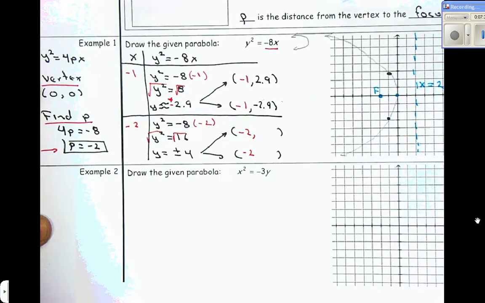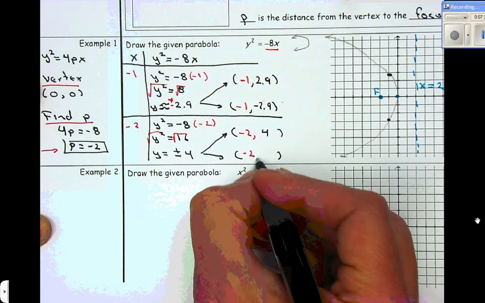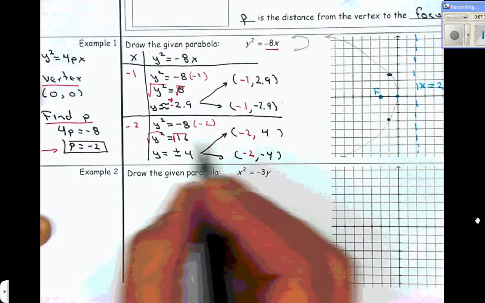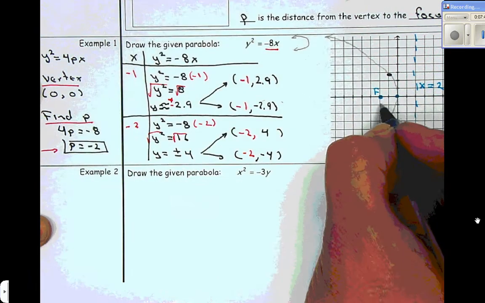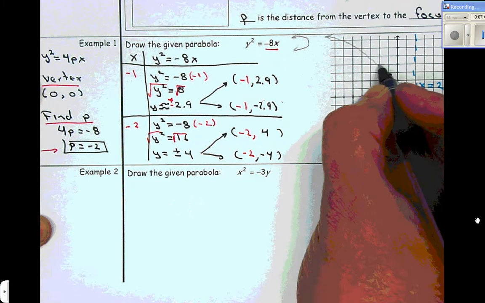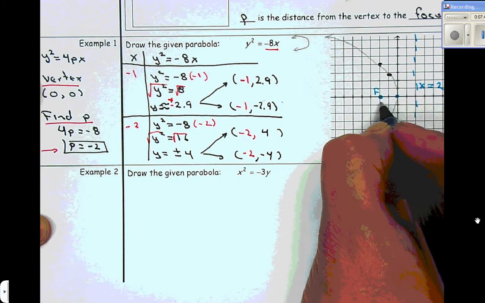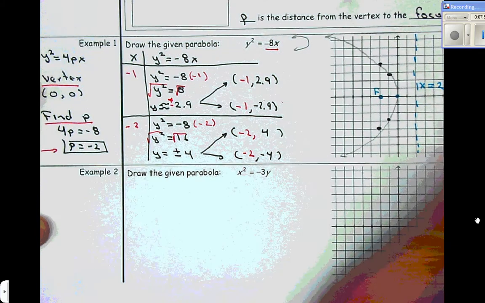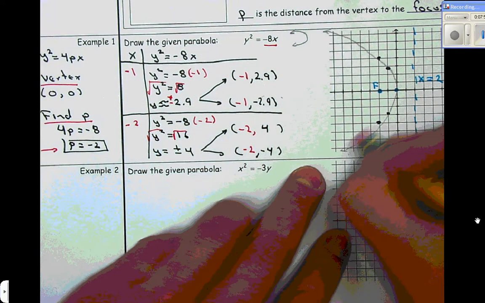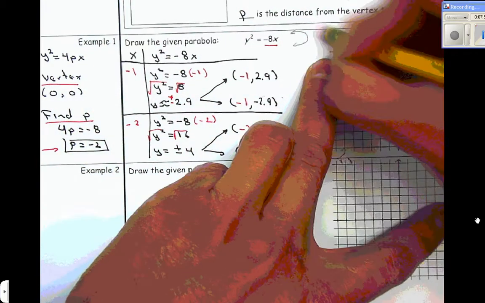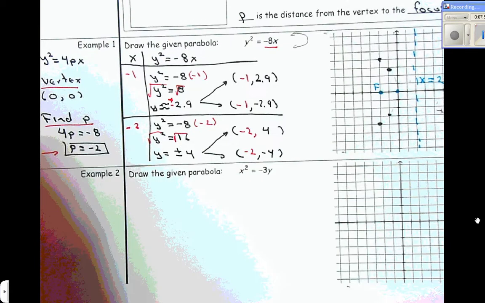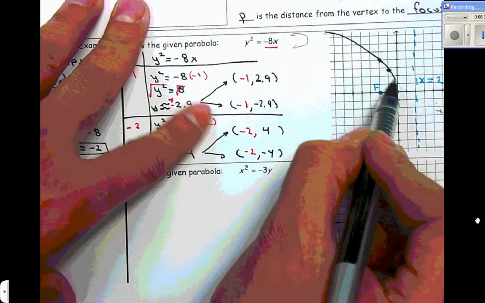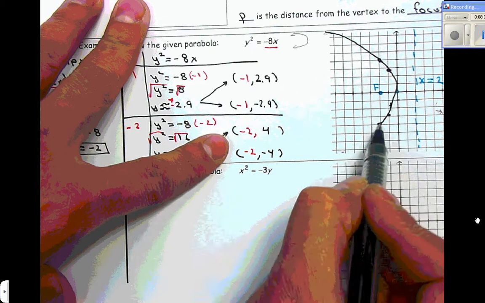Your y value, one of them will be positive 4, the other one will be negative 4. So negative 2 and 1, 2, 3, 4. And the other one will be negative 2 and negative 1, 2, 3, 4. So go ahead and erase your previous sketch. And now you can connect the points in a little more exact way. And that will be your problem.